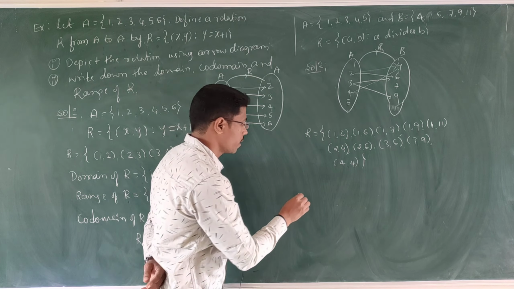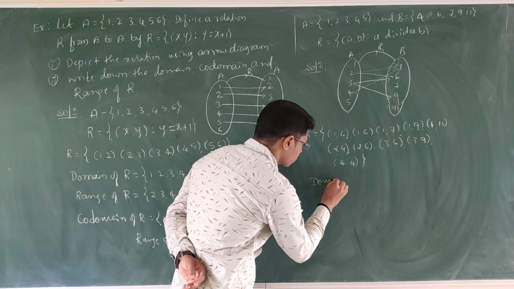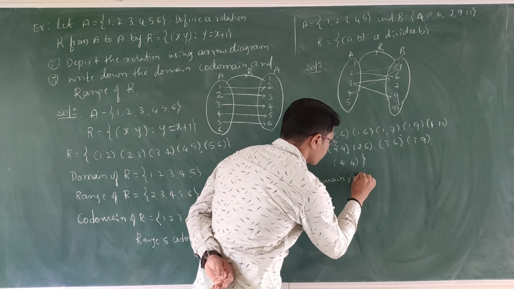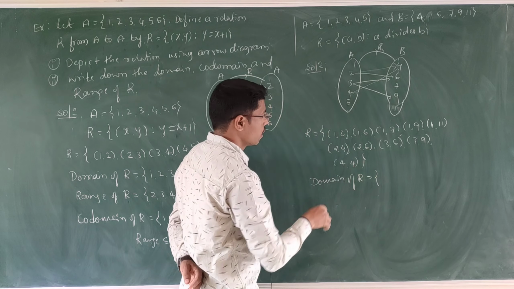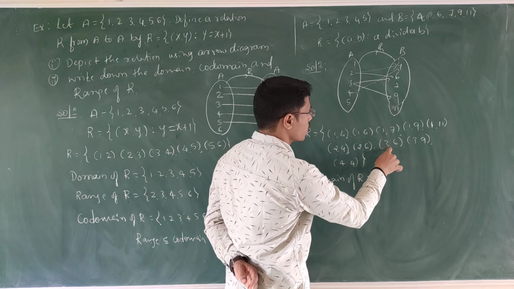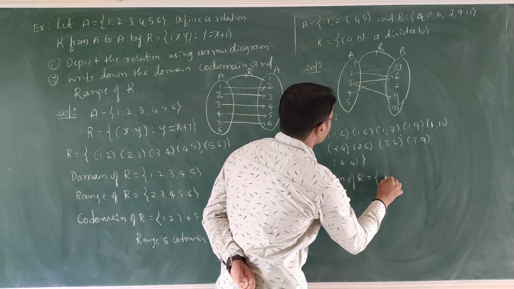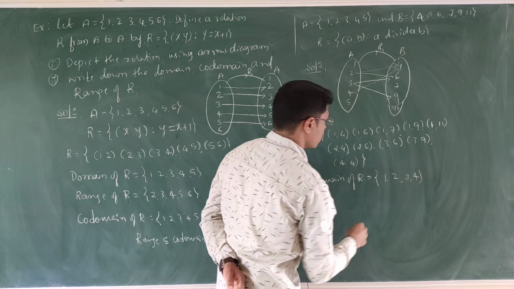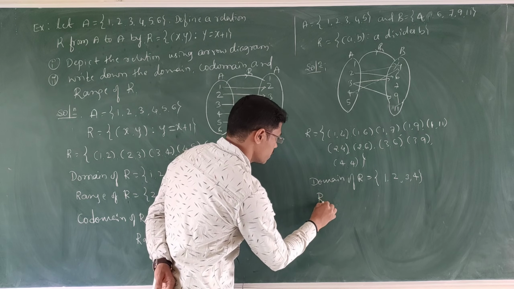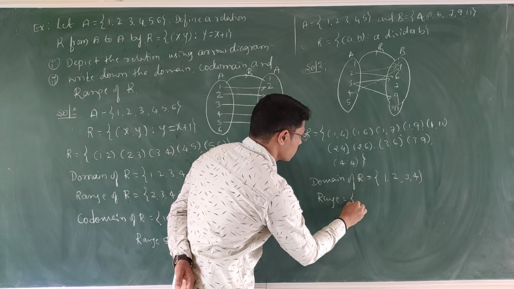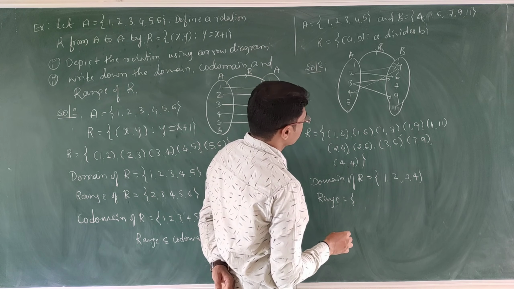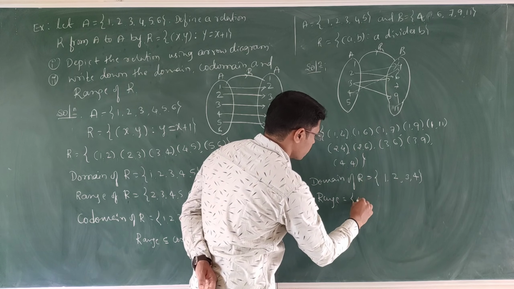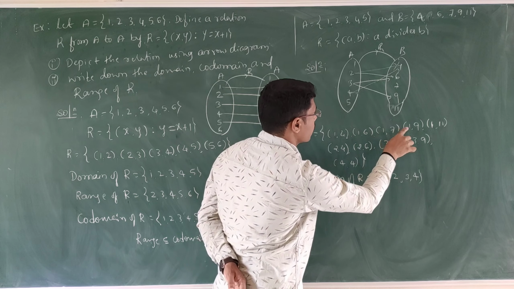Now write the domain. Domain of R is equal to {1, 2, 3, 4}. This is the domain. Next, the range. Range is, so we'll get all elements: 4, 6, 7, 9, 11.